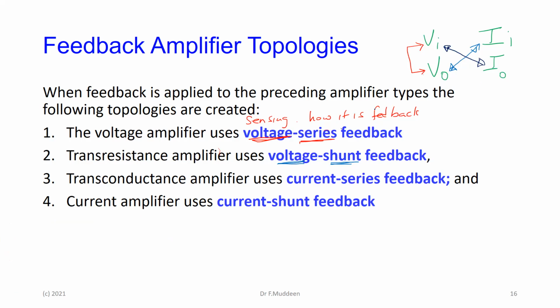So if it's voltage in and current out, what am I sensing? I have to sense current to feedback, but my feedback has to be a voltage because it's input voltage, so it has to be series.